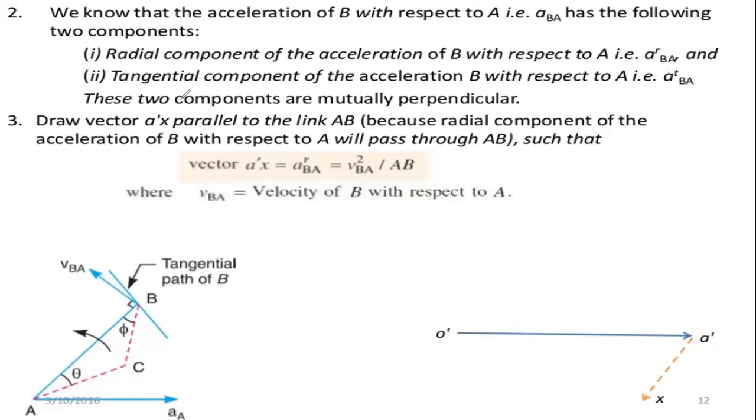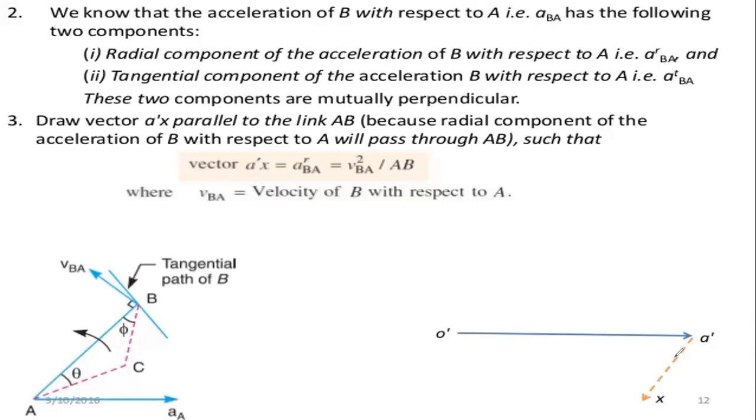These components are mutually perpendicular to each other, and I am drawing another line. So draw vector A dash x parallel to the link AB.